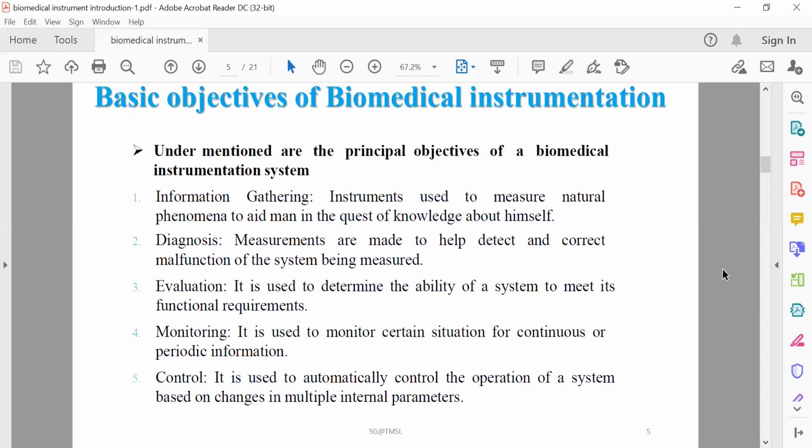It is also used in evaluation of the physical condition of patients in routine physical examination. And there are some special instrumentation systems which are used for monitoring of patients undergoing surgery or kept in the intensive care unit.